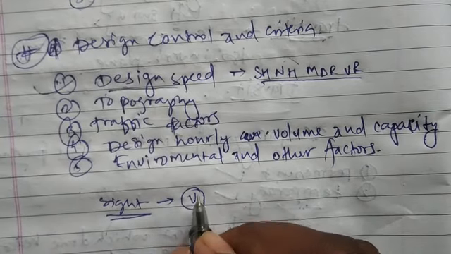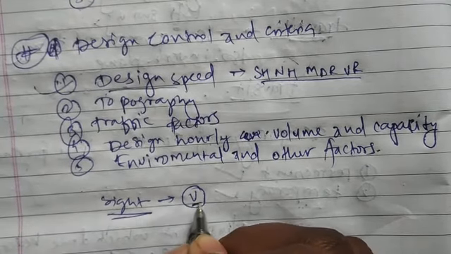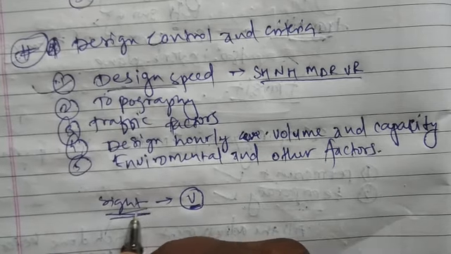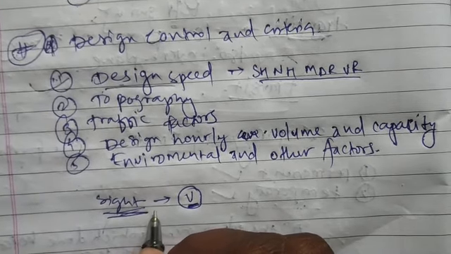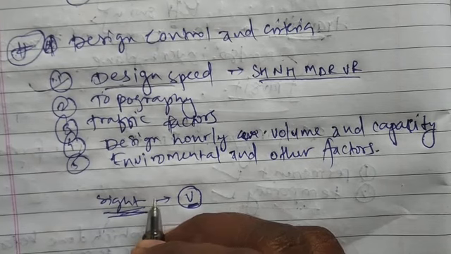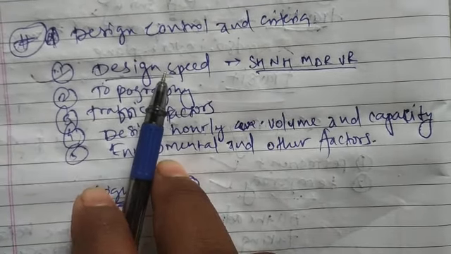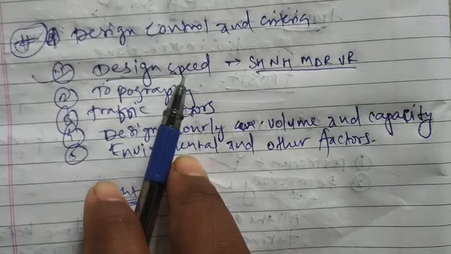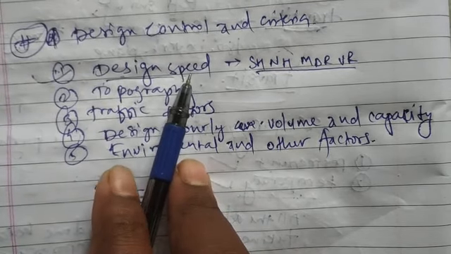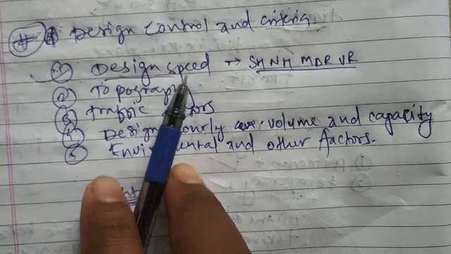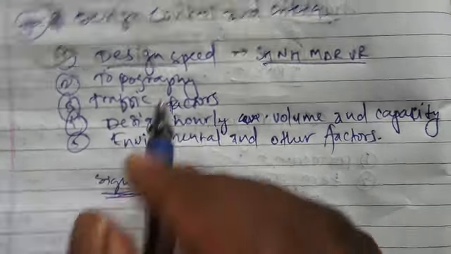If you don't know how this design speed affects the sight distance, we will learn this in the next part of this chapter. So for every component the design speed is directly or indirectly a criteria for design. Okay. The next is topography.